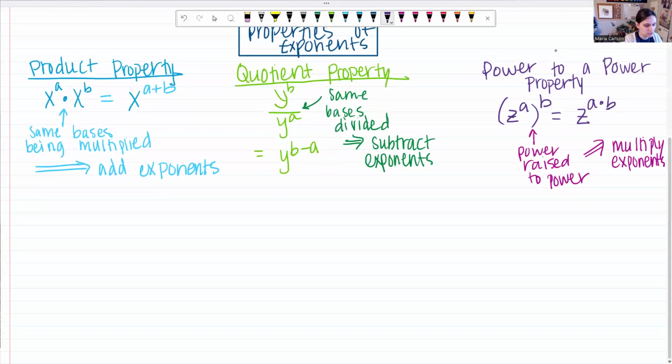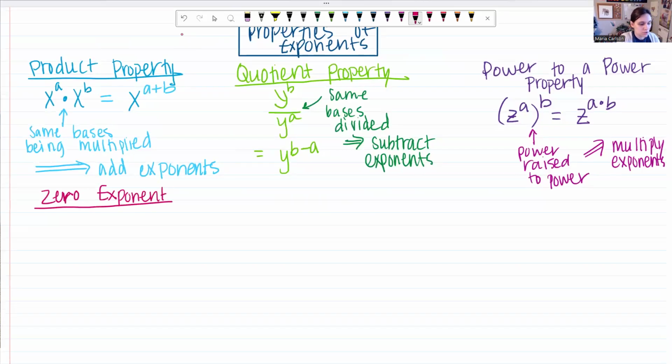All right. Next, I want to talk about what happens when we have a zero exponent. So a zero exponent is exactly what it sounds like.